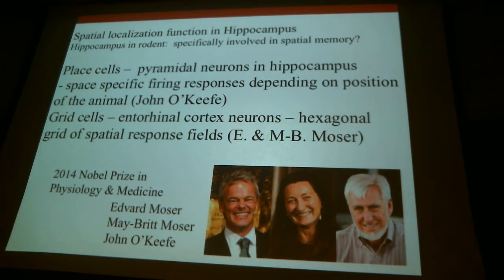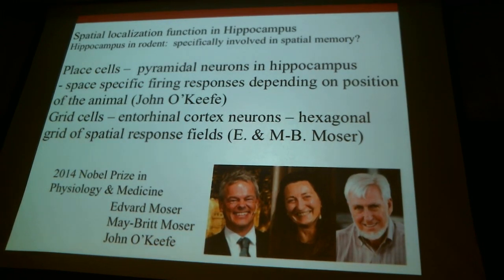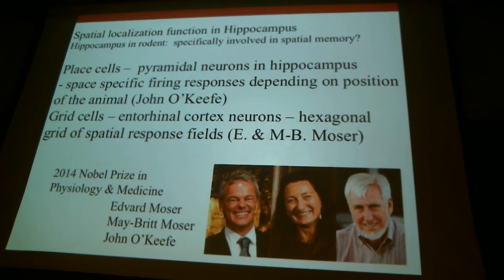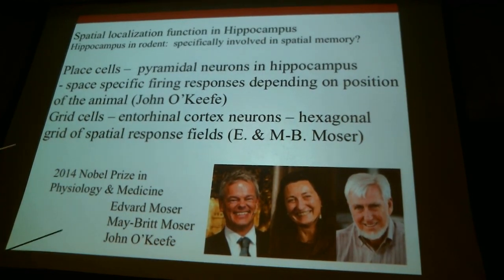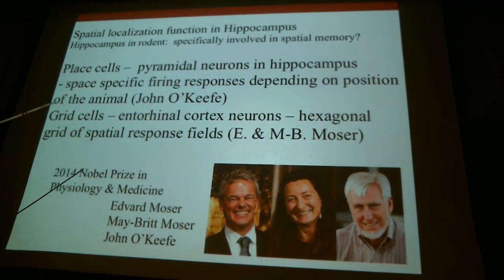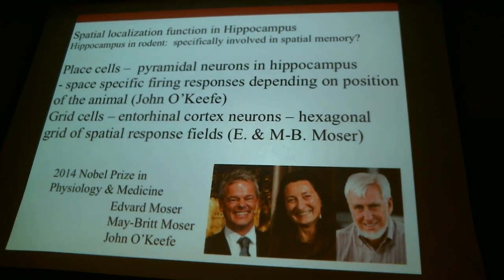But as I'll show you, they have this incredible, completely unanticipated finding that they have responses that form basically a hexagonal grid of space. And we'll look at those in a minute. And in 2014, 3 of the key people in this field were awarded the Nobel Prize.